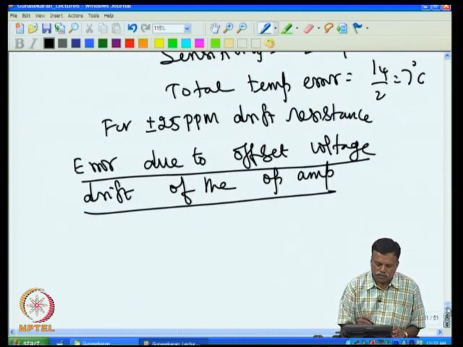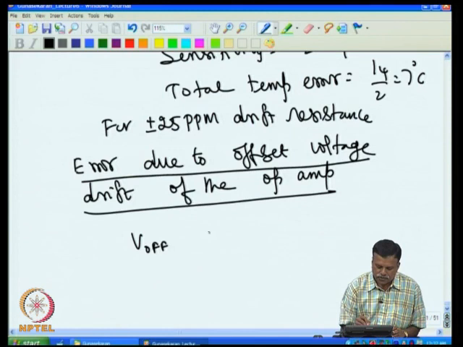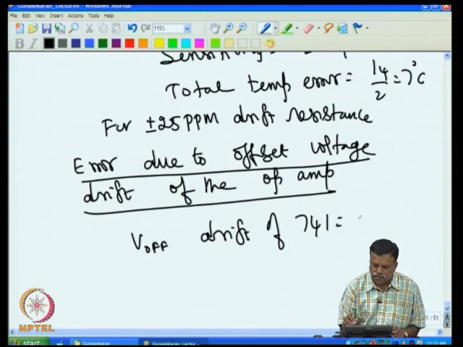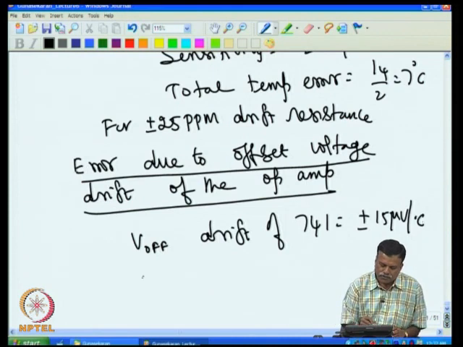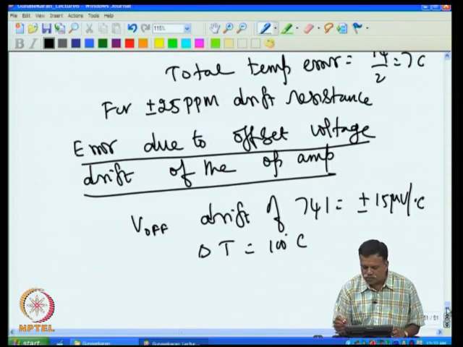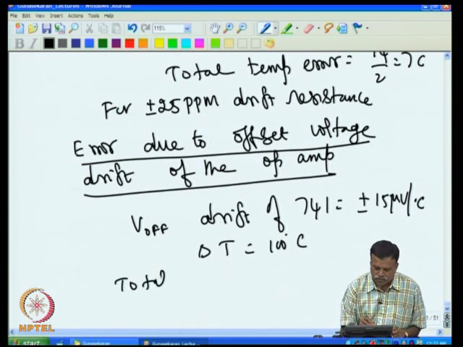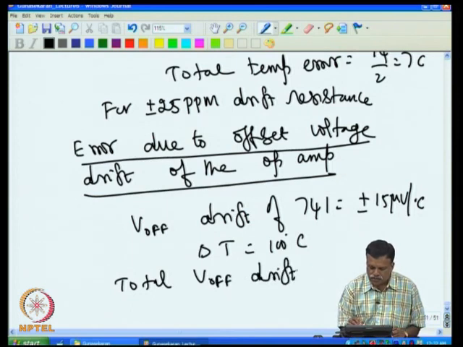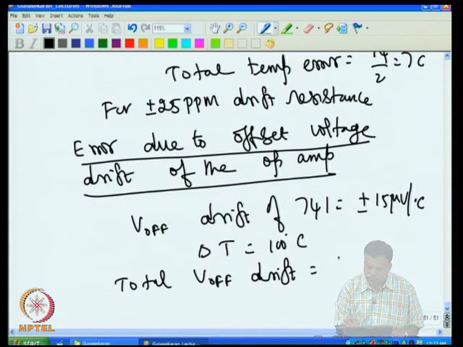we have taken 741 as the operational amplifier. So the V offset drift of 741 is given as plus or minus 15 microvolt per degree C. Delta T, we take as 100 degree C. So the total offset drift will be 15 into 100, that will be 1.5 millivolt change.